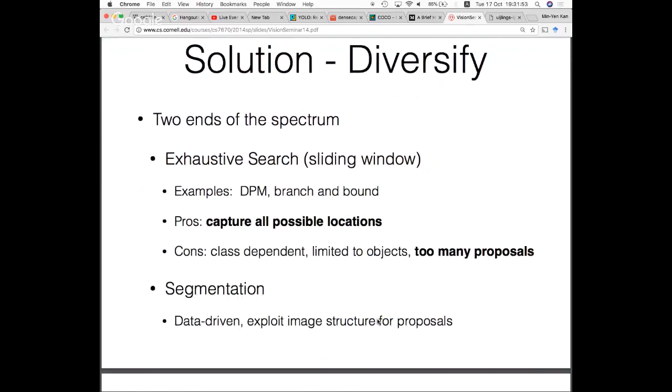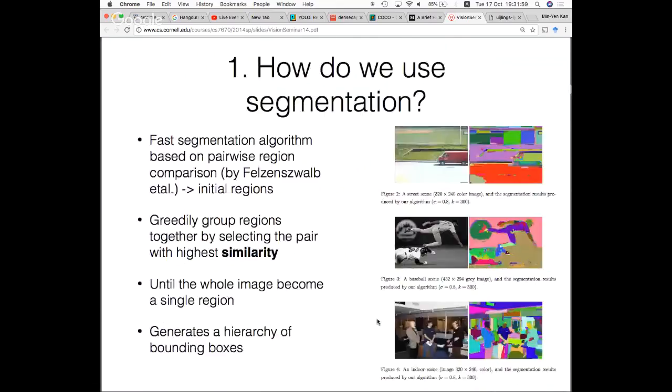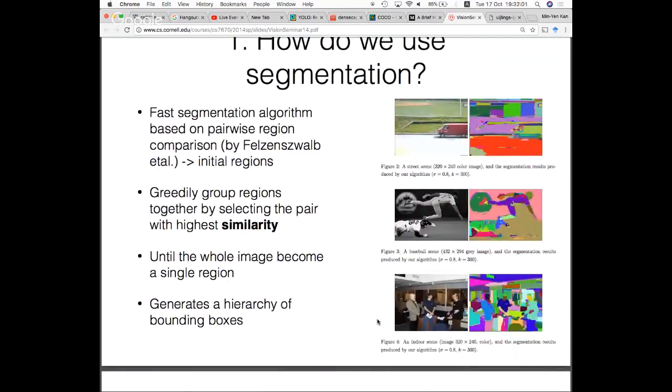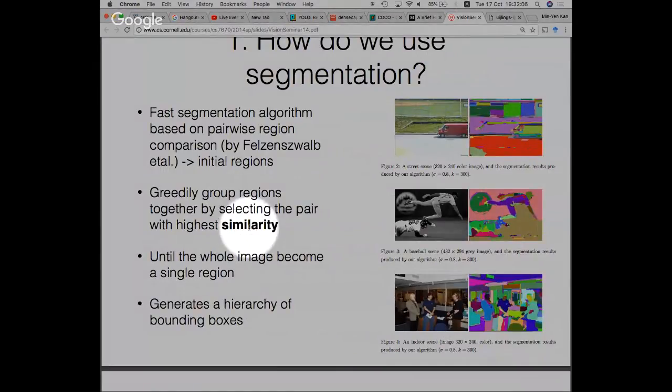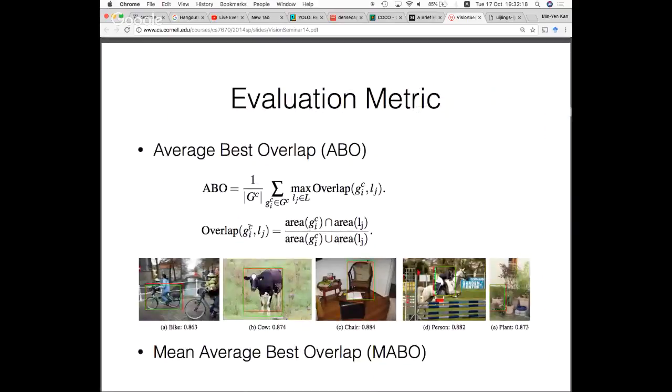What it does is it uses an undirected graph for the image, and then based on a sequence of similarity measures, it will actually segment the graph into different segments. Then it does a greedy algorithm of all the segments and merges those that are most similar.